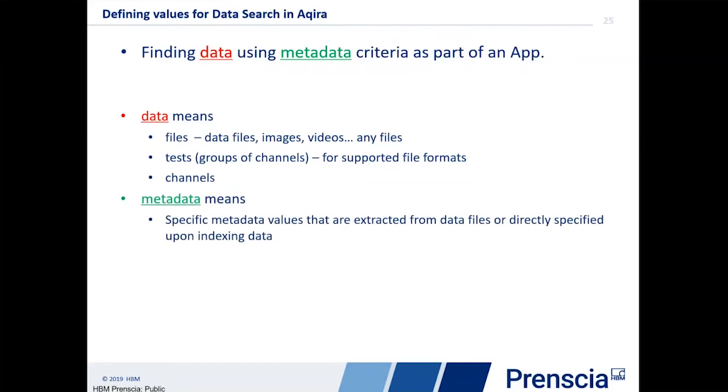And then the metadata themselves are the values that are extracted from the data. So, for example, that might be metadata that is within the file, or it may also be metadata that is derived from Aqira at the point of indexing, and that can be manually specified. Indexing this file, I want to manually give it this piece of metadata. It might be a name, a project number, an engineer, a location.